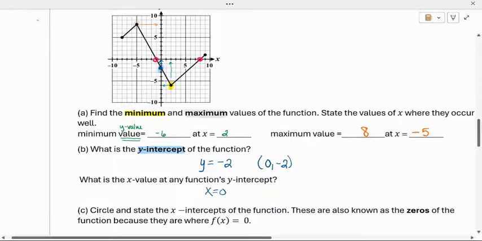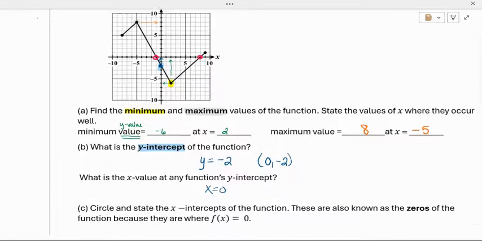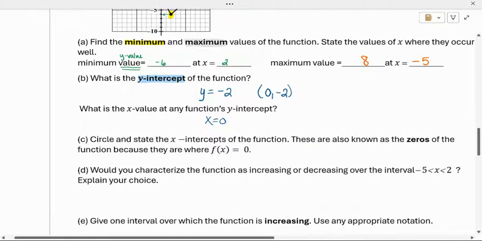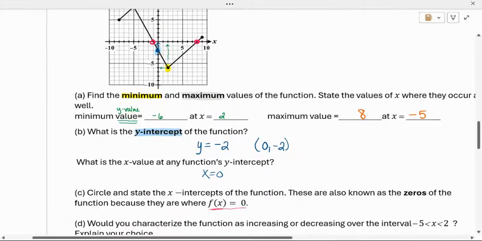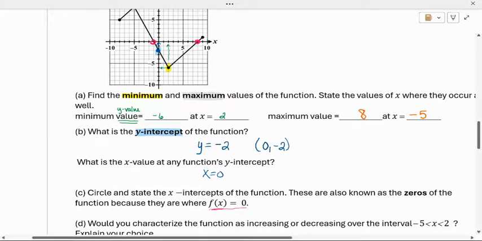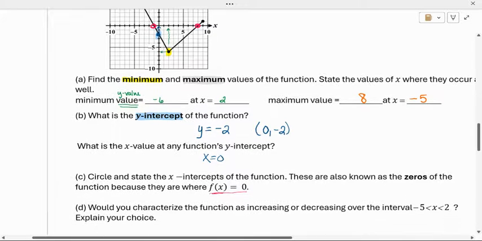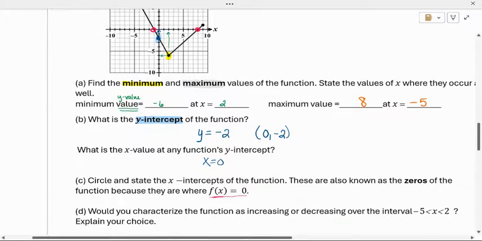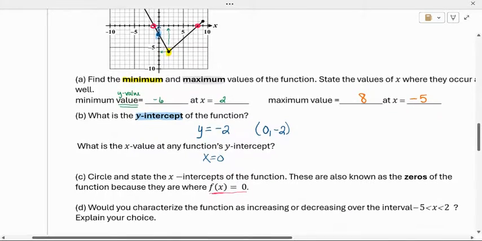What do we know about the x-intercepts, also called zeros? They happen when f of x or y is 0. So what are those points if we write them as ordered pairs? What are those 2 points that I just identified? They are -1, 0, and positive 8.